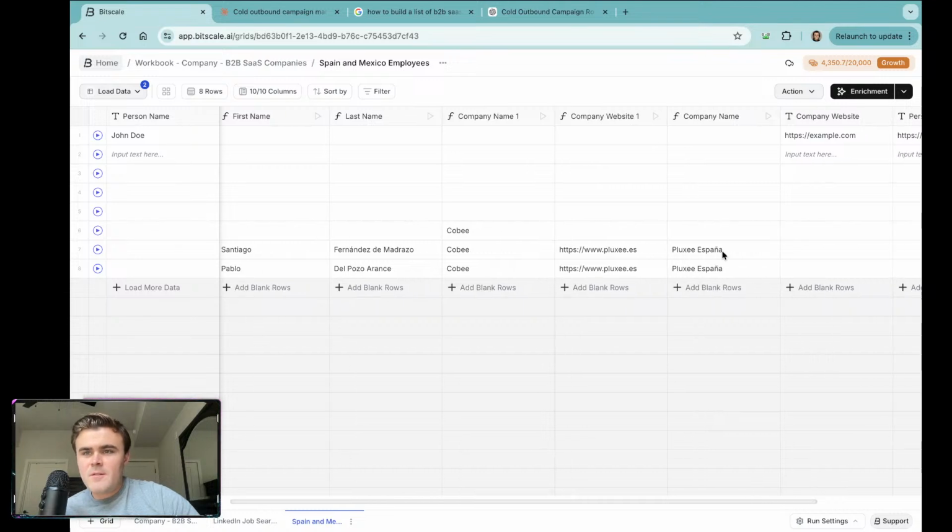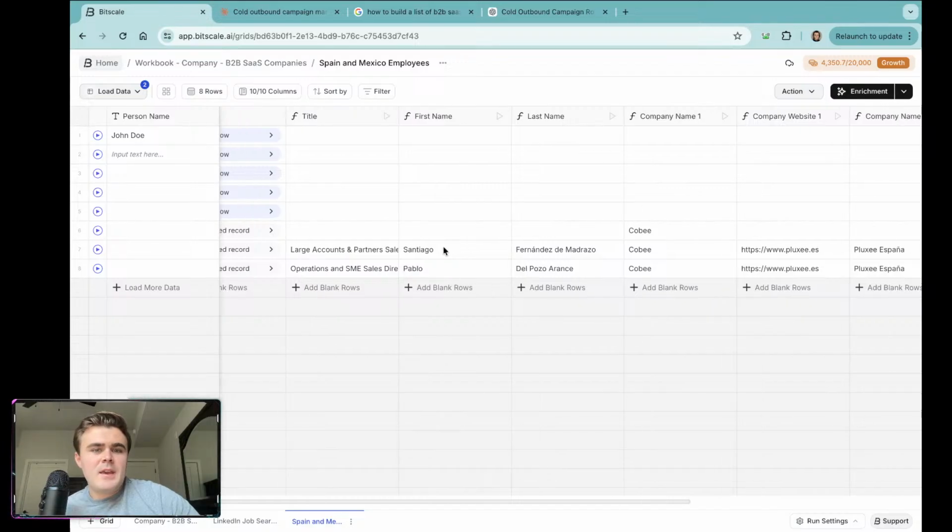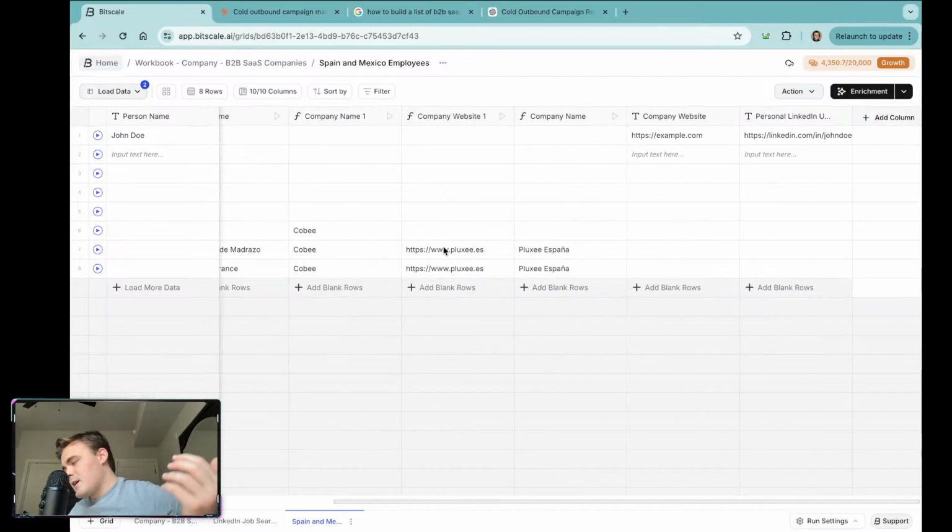And from here, we're going to enrich these guys, and we're going to find their LinkedIn. We're going to get their email through waterfall enrichment, and then verify the email. And then after that, I guess we might get Clayagent, or in this case, BitAgent, to personalize a first line for them.